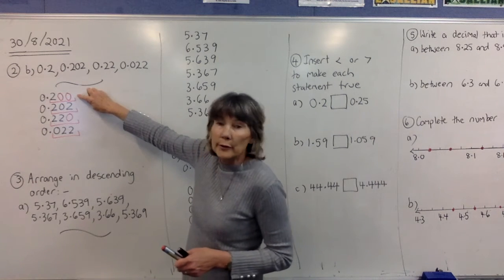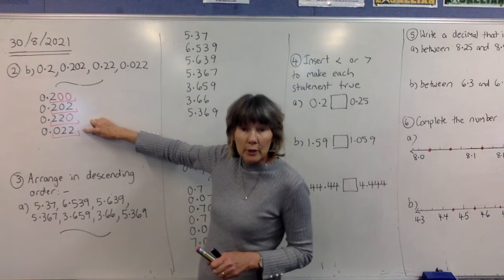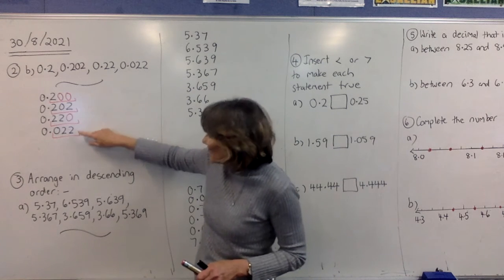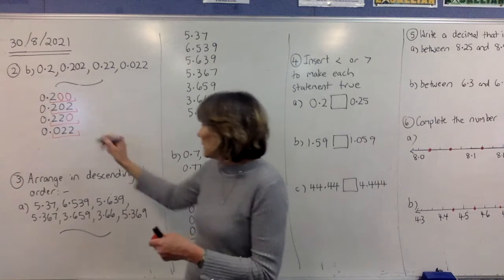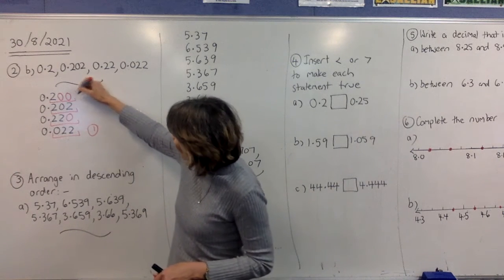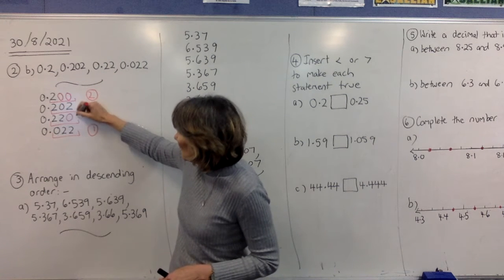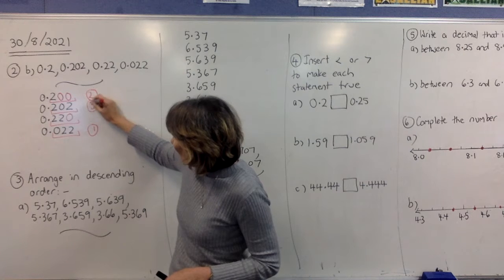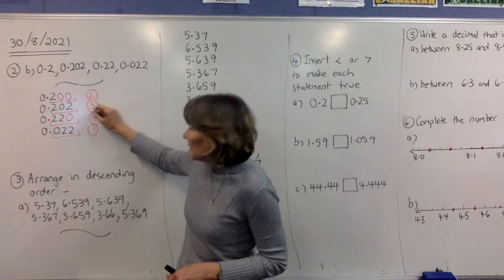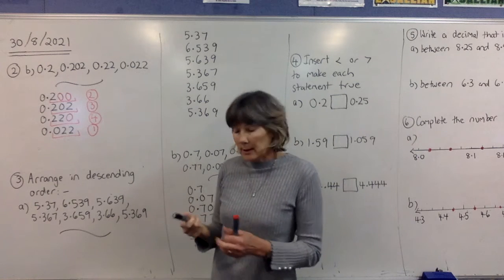We have 200, 202, 220 and 22. The smallest of these is 22. That's number 1. The next biggest is 200. That's number 2. The next biggest is 202, and then 220.